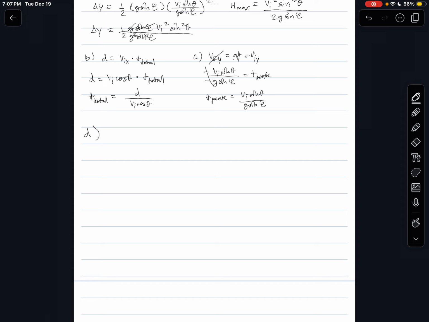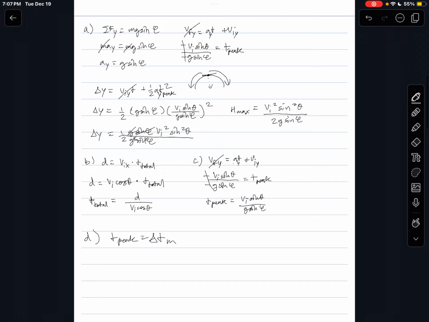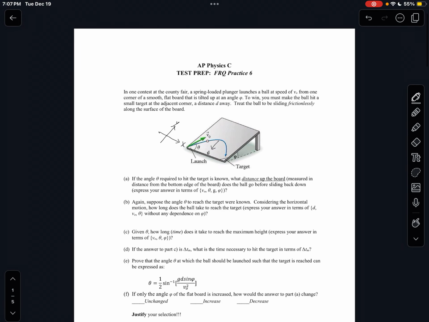Now for part D, my answer to part C is T peak. What is the necessary time to hit the target in terms of delta Tm? If T peak equals delta Tm, and I know that for projectile motion, when delta y equals 0, it's going to take the same time to reach the bottom, because you're traveling the same delta y up here and then the same delta y back down.